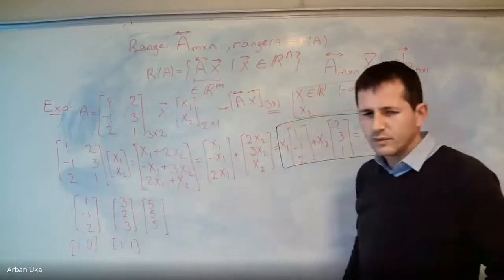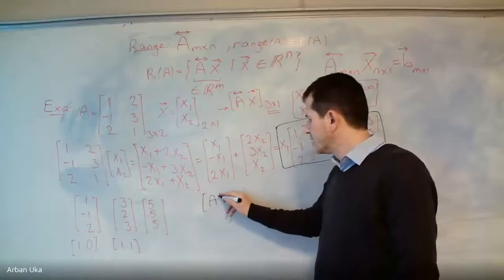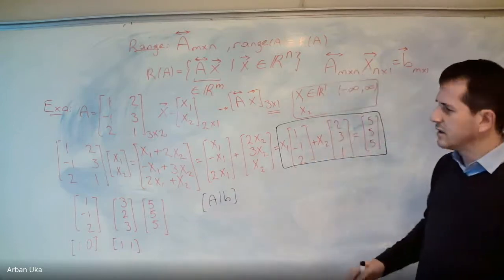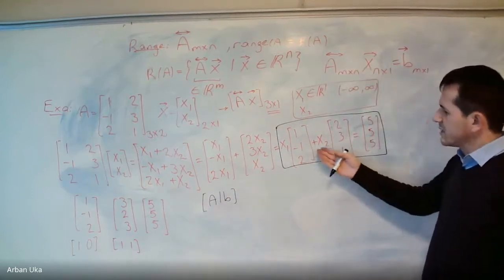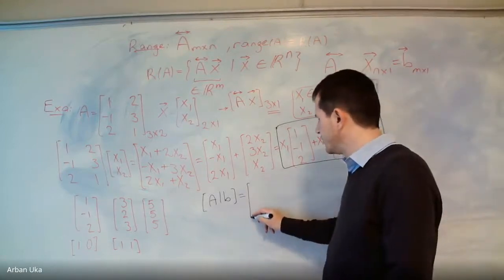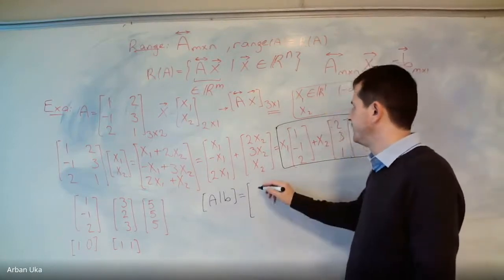Where shall we start? You make the augmented matrix and then you simplify it. That's correct. We make the augmented matrix. Sometimes it might look difficult, but we make the augmented matrix. So help me, Ron. What is the augmented matrix here?